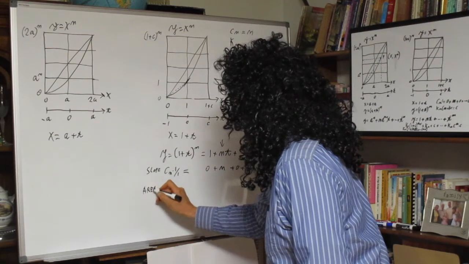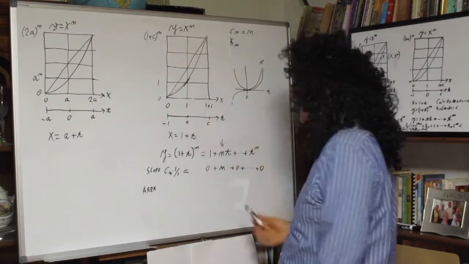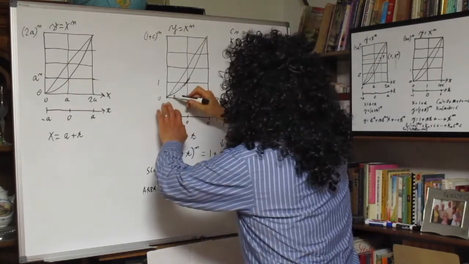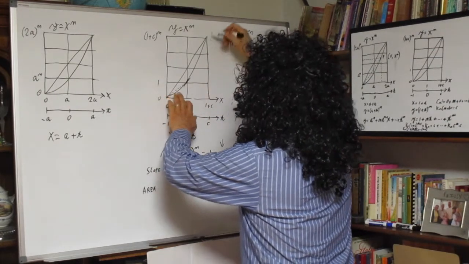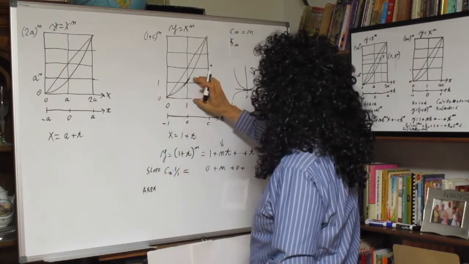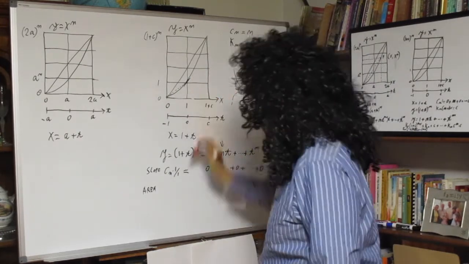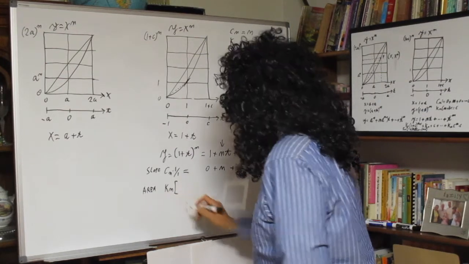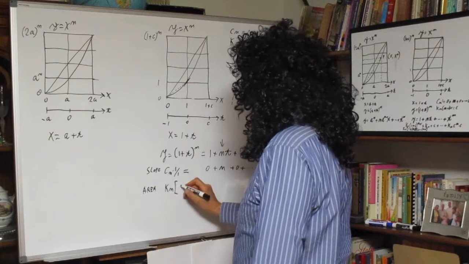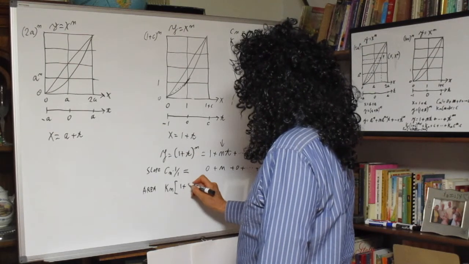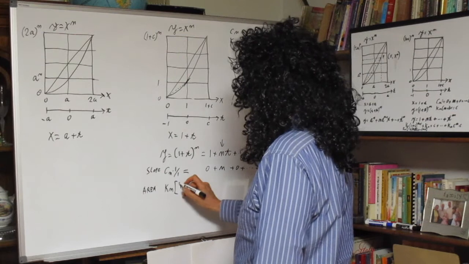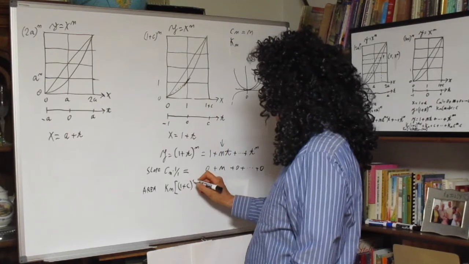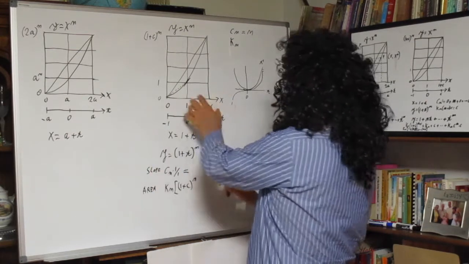Or the area factor. We're after k sub n. Okay, from the x perspective, the area of this big wedge right here, right? That would be k sub n times 1 plus c rise times run, 1 plus c to the n times 1 plus c, right?